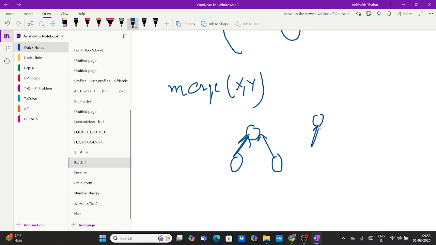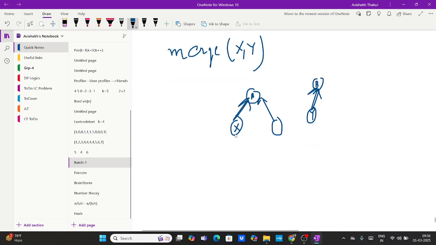This we have done using find. Merge of x comma y: let's say this is x, this is y. What you have to do is find the root or representative of x. Let's say this is a, this is b. What's the representative of x? Can I say a?